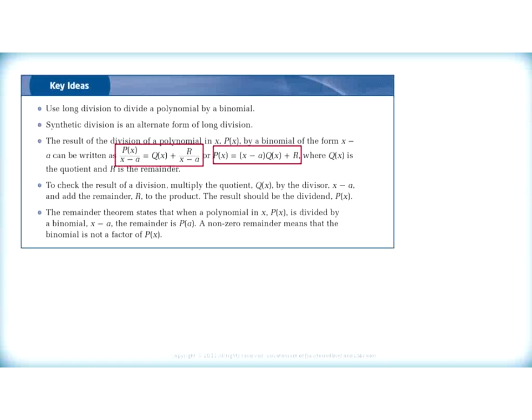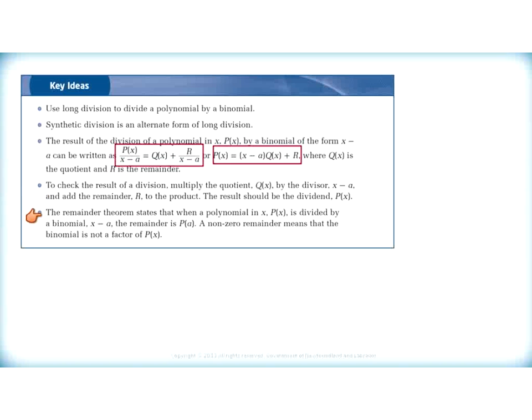To check the result of a division, you multiply the quotient, q of x, by the divisor, x minus a, and add the remainder to the product. The result should be the dividend, which is the polynomial p of x.